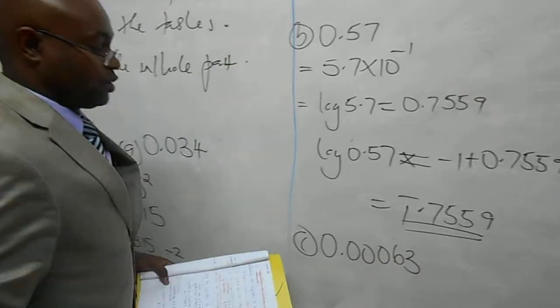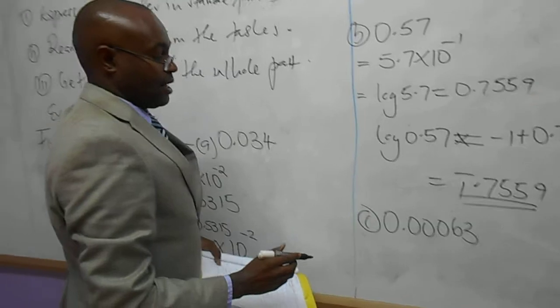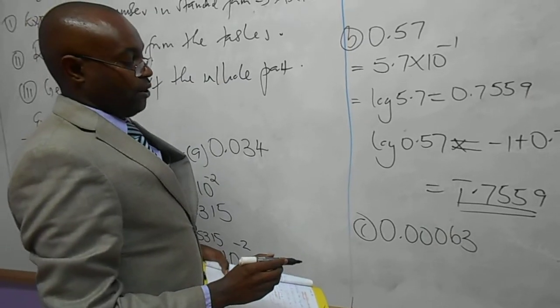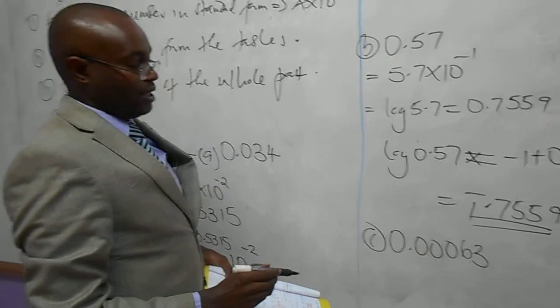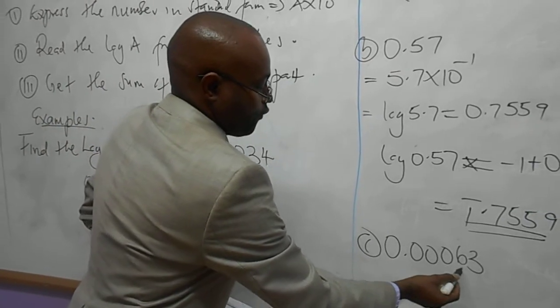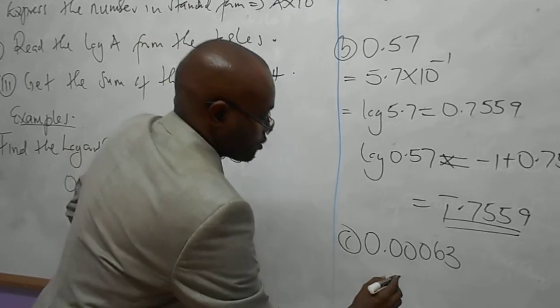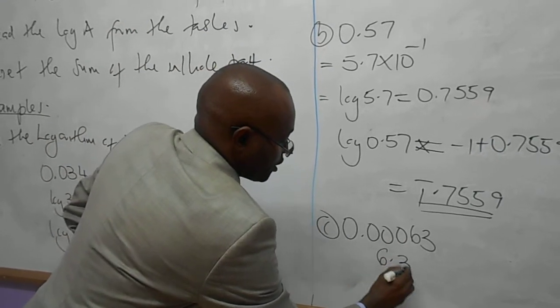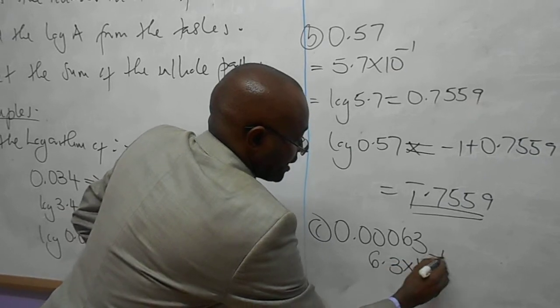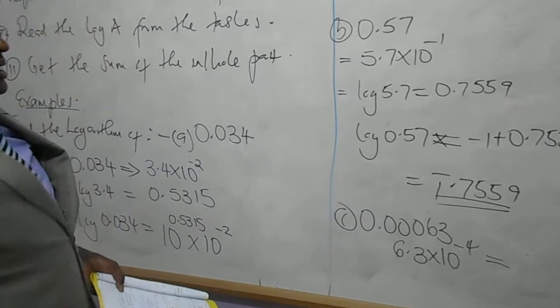We could also have another example where we have 0.00063, and you're told to get the logarithm of that number. Again, we express 0.00063 in standard form. The decimal moves 4 steps to the right: 1, 2, 3, 4. So this is 6.3 times 10 to the power negative 4. Now you can see it becomes very easy.